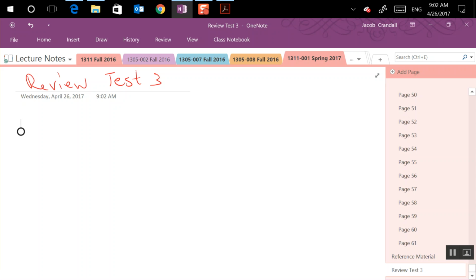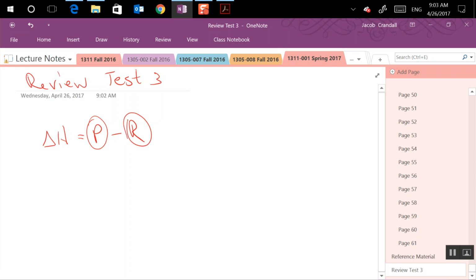Enthalpy. So enthalpy, we can calculate enthalpy in a few different ways. Okay. Delta H is equal to products minus reactants. Now, if you know the delta H of formations of your molecules, then you can easily find the enthalpy of the reaction by summing the enthalpy of formation of your products, the enthalpy of formation of your reactants, and subtracting those, right?